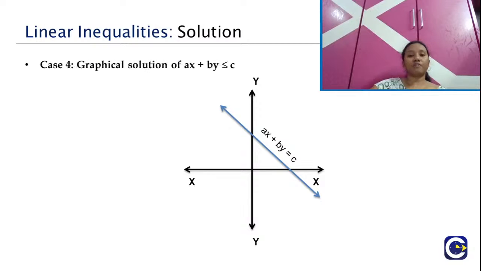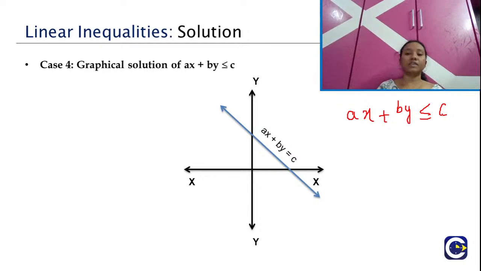Moving on to our next and fourth case, that is the graphical solution of the inequality ax plus by less than equal to c. Even though the inequality is changed, what is our first step? We'll be equating it as an equation, ax plus by is equal to c, and we have already plotted the graph of ax plus by is equal to c.